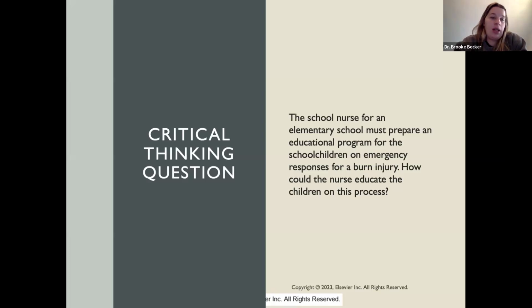So for some education things, as a school nurse, you probably want to educate on some safety things, right? Not putting ourselves at risk for chemical burns or fire risk. So having fire alarms or smoke detectors at home to reduce the risk.